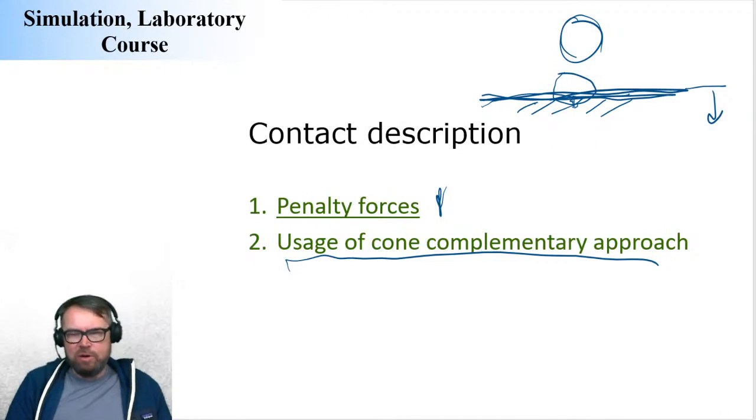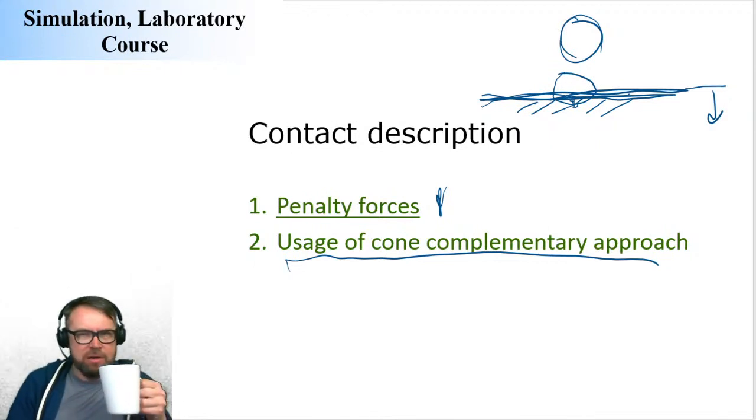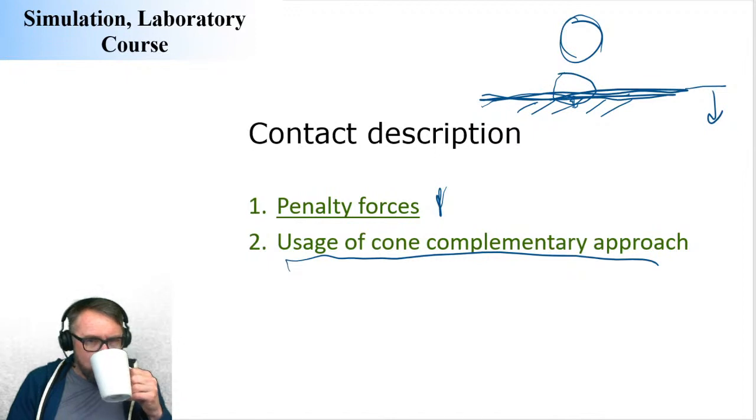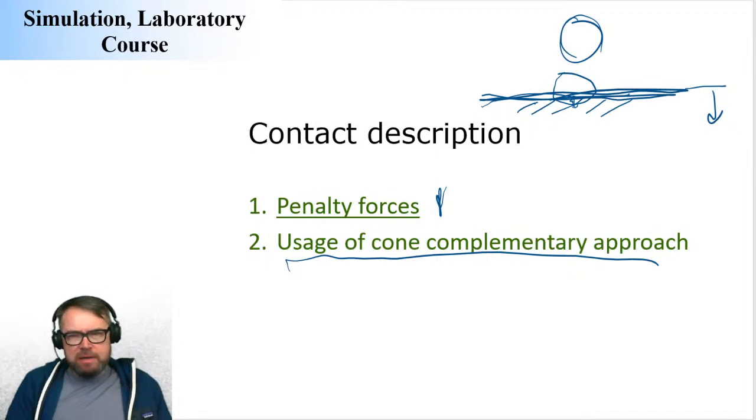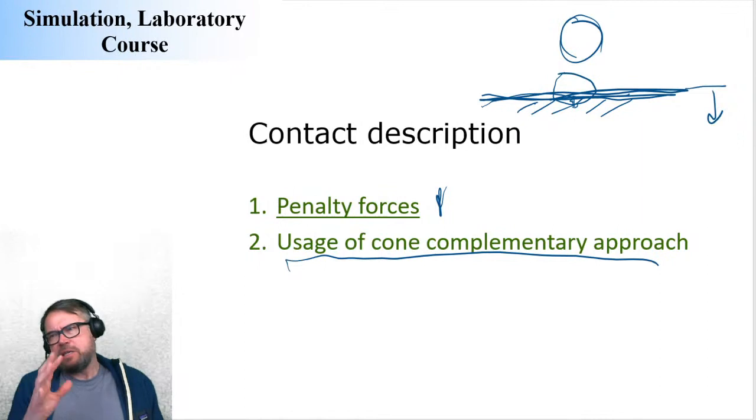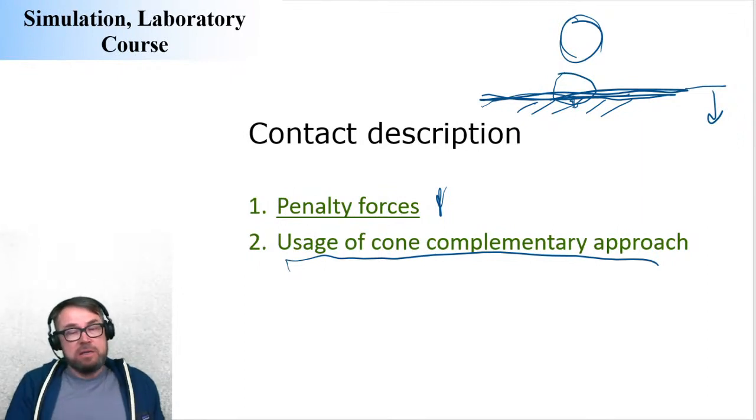Now, roughly speaking, the penalty force is something that works well if you're dealing with a relatively small number of bodies. If you have, let's say, fewer than 50 or 100 bodies, you can use a penalty force.